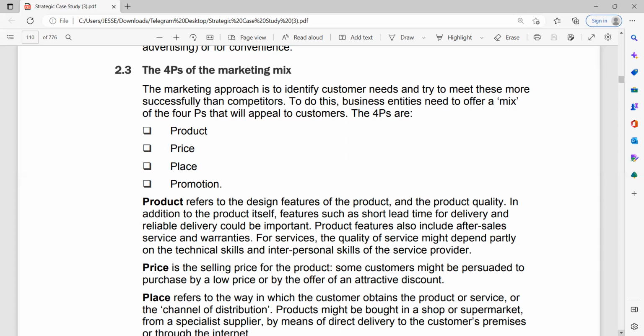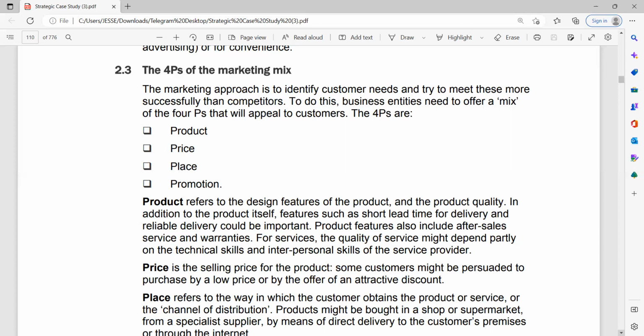In addition to the product itself, features such as short lead time for delivery and reliable delivery could be important. So your product is basically what you are selling. So that's the first P.